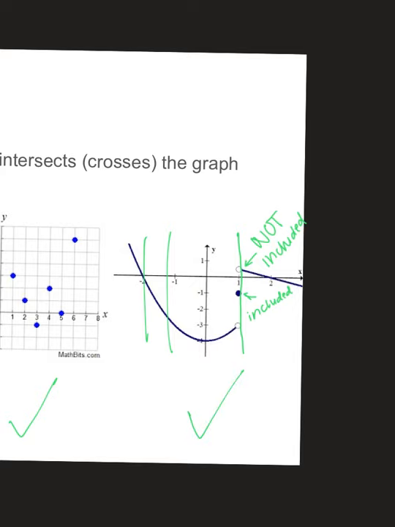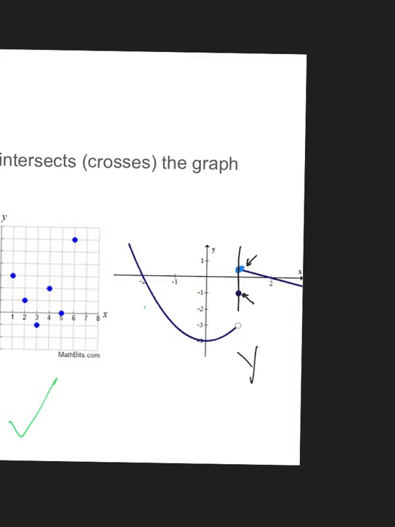Now, if we wanted this to look like it is not a function, if we want this to not be a function, 2 of these would have to be filled in because then that does not pass the vertical line test because this is included and that is included, so then this would not be a function.